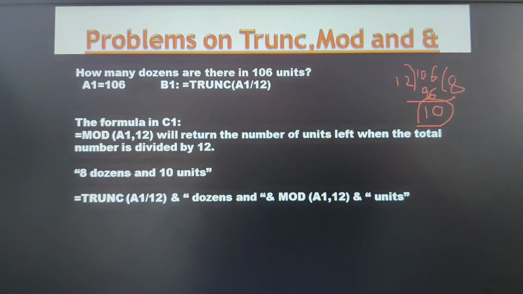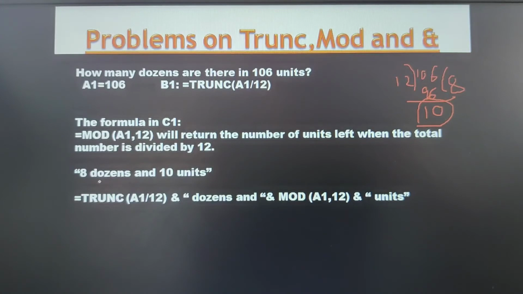If I want this in the correct way, 8 dozens and 10 units, this is how I want to display my answer when the question is how many dozens are there in 106 units. I would get 8 by performing the TRUNC operation, and 10 by performing the modulus operation.